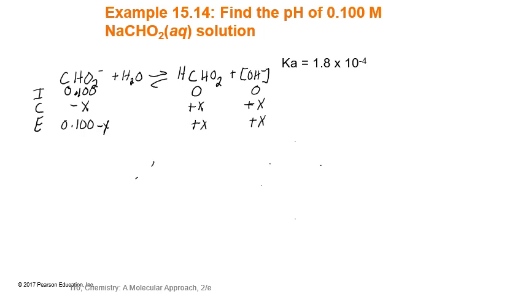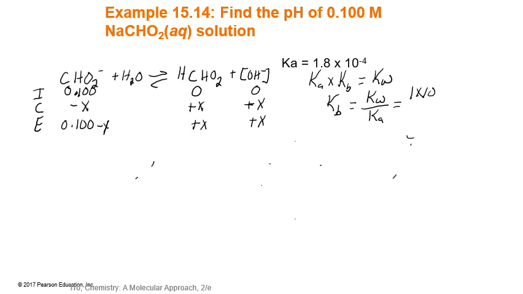All right, so now in order to do our calculations, we're going to have to figure out what our equilibrium constant expression is. Because this is a base, we need our Kb. So Ka times Kb equals Kw. Kw is the constant for water. So if we want to find Kb, it's Kw divided by Ka.